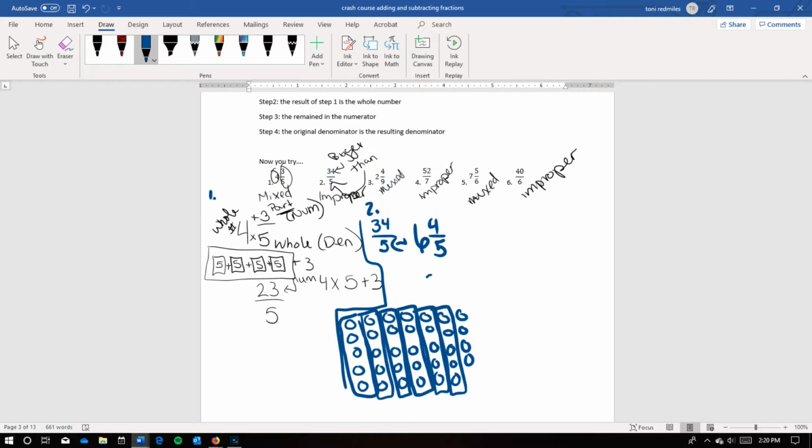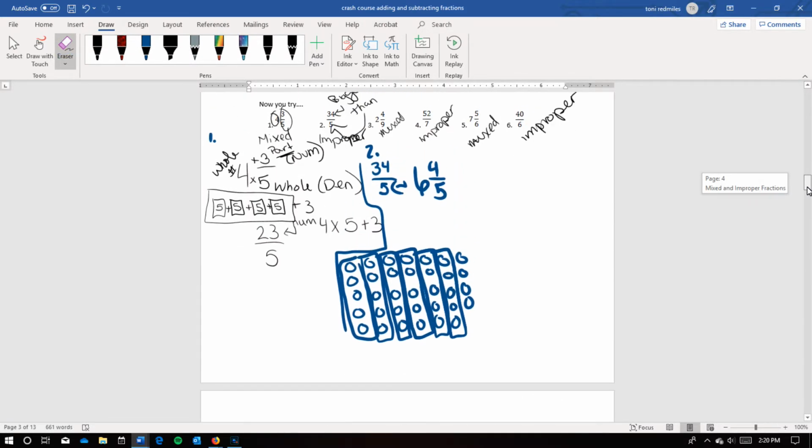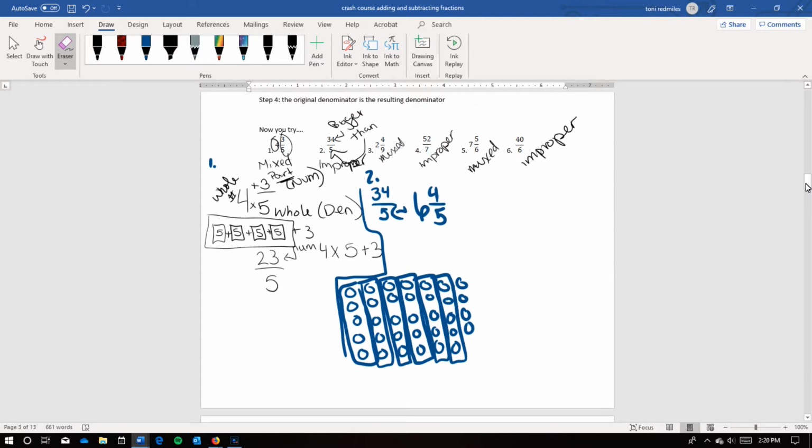Now, like I said, there's another way to work this particular problem out, and that is through dividing. I could have divided the 34 with 5 divided into it. 5 goes into 34 6 times, which is 30.